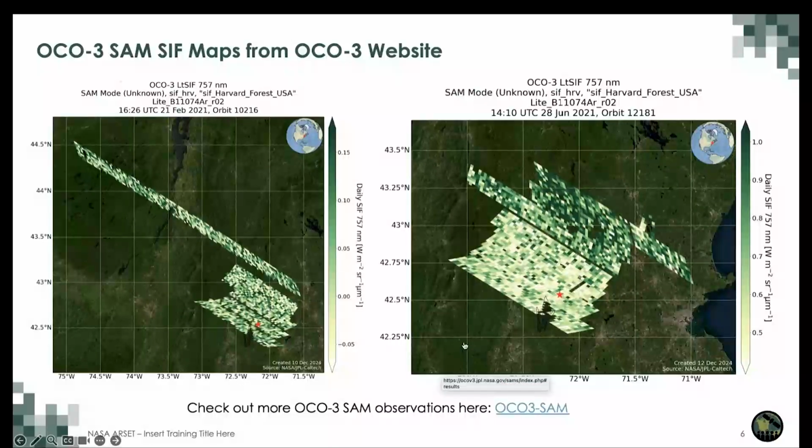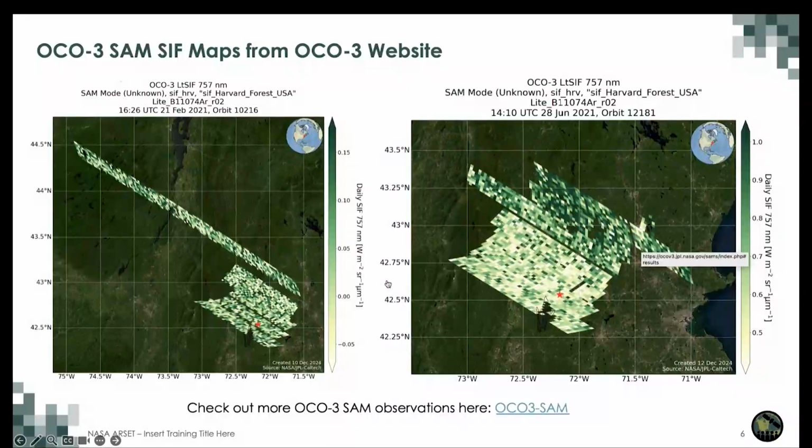These are two examples of SIF maps from the OCO-3 website, where it has all the column CO2 and SIF maps from the SAM locations. The left shows the SIF maps over the Harvard Forest flux tower site in the wintertime, while the right is at the same location but during the summertime.